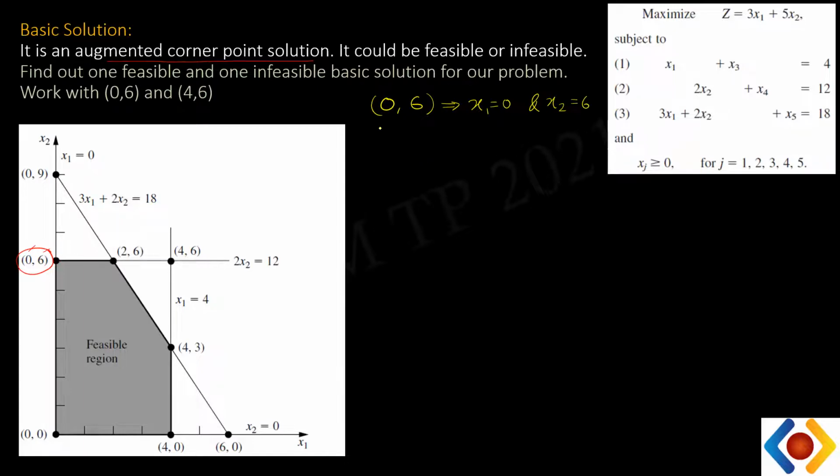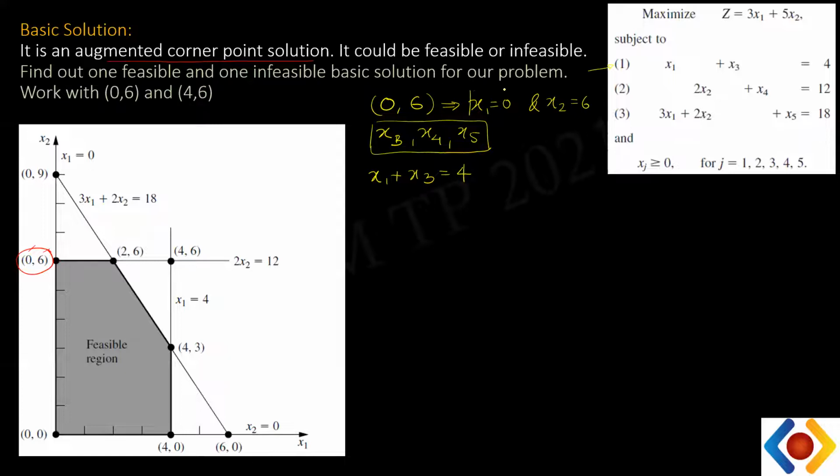To find the augmented solution, I need to know the values of x3, x4, and x5. How am I going to do that? We have these 3 equations. Equation 1: x1 plus x3 is equal to 4. But what is the value of x1?